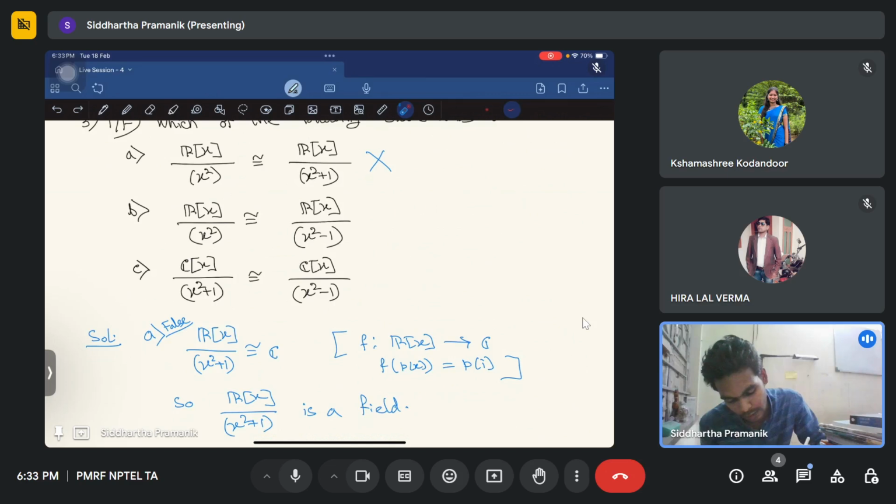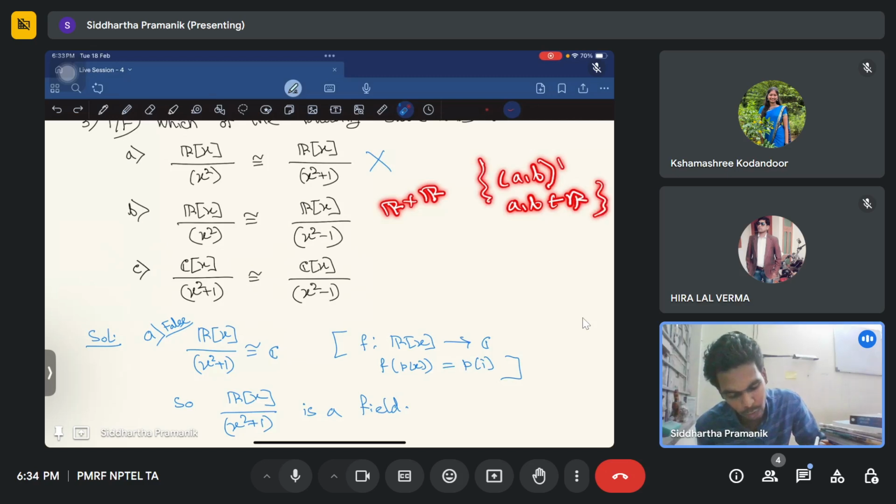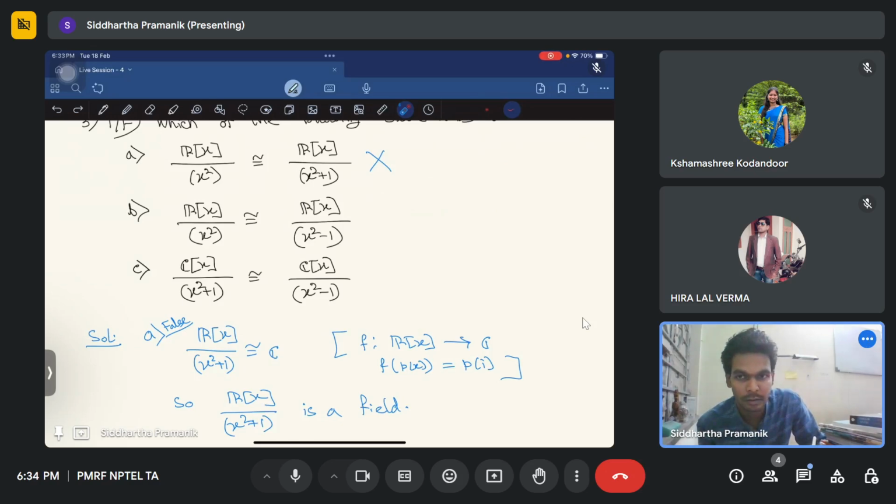Observe that R cross R has no non-zero nilpotent elements. Every element has the form (a, b), and both a and b are real numbers. If both a and b are non-zero, this element cannot be nilpotent, because (a, b) to the power n equals (a^n, b^n).